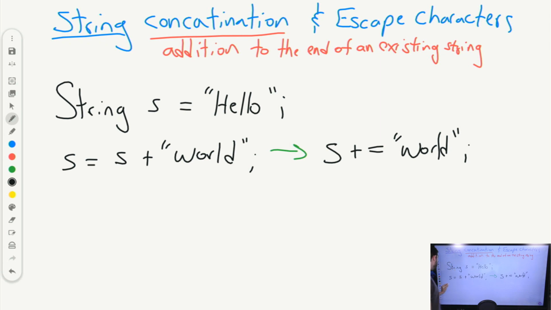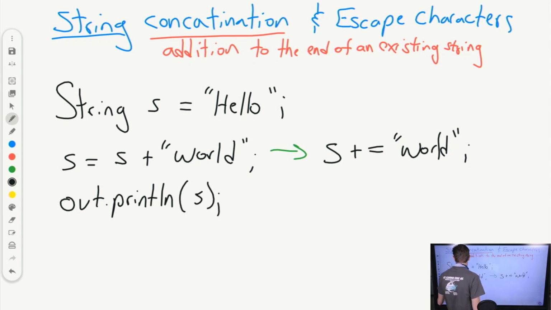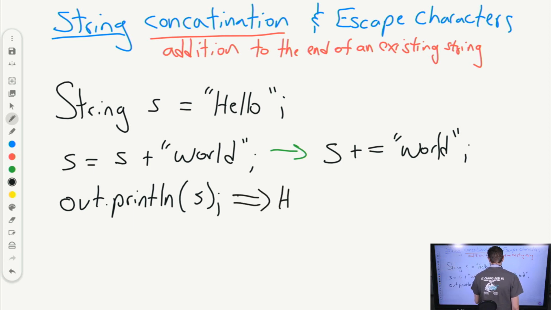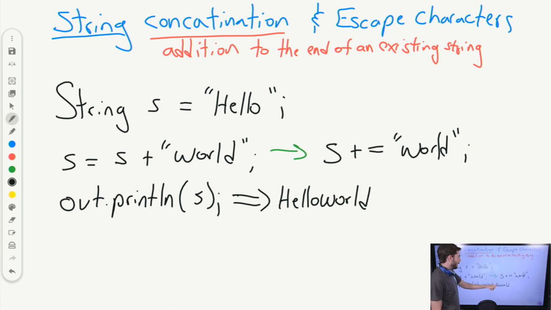And if we did a System.out.println, I'm just going to shorten it to out.print of s, my output would be hello world. And it would be condensed like this because I don't have an extra space. Although I guess you could argue with my handwriting there's a space in there. But it's not going to add spaces between words. You need to specify to Java that you're adding a space between words.